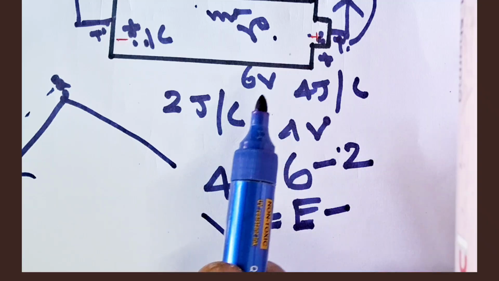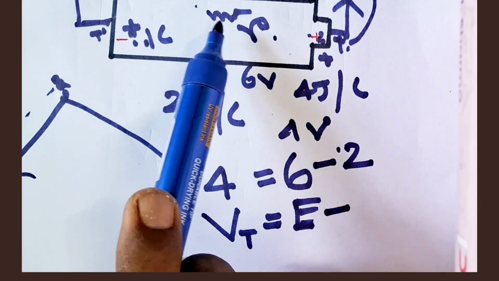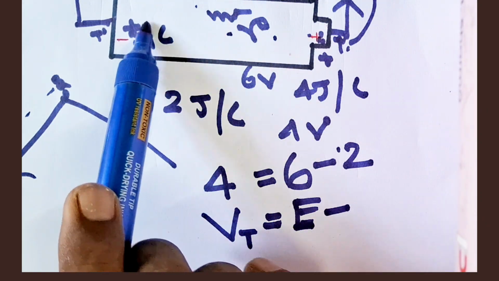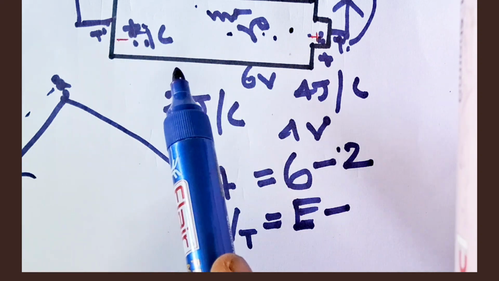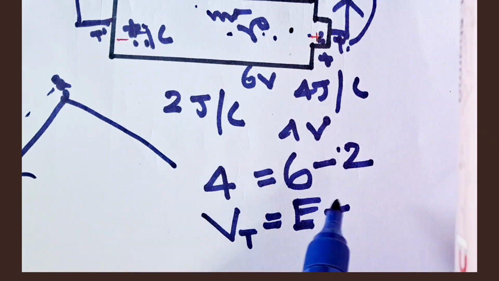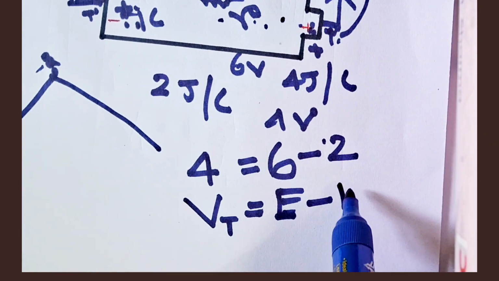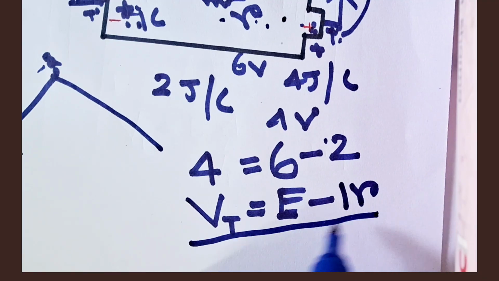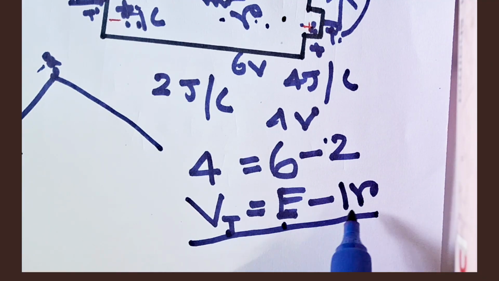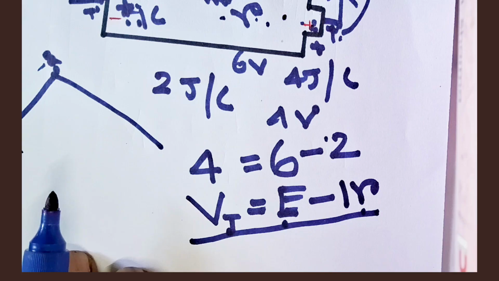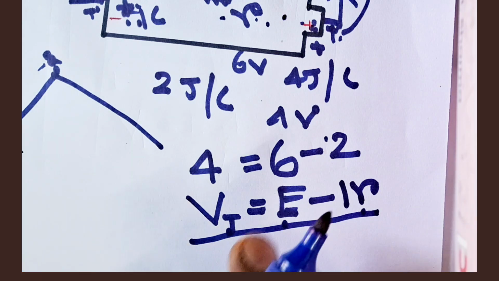That is nothing but the potential drop. With internal resistance R, if current I flows, then potential drop is IR due to the cell. So that's why VT equals E minus IR. This is the relation between terminal voltage, EMF, and internal resistance. I hope I could make it clear to you. Thank you.